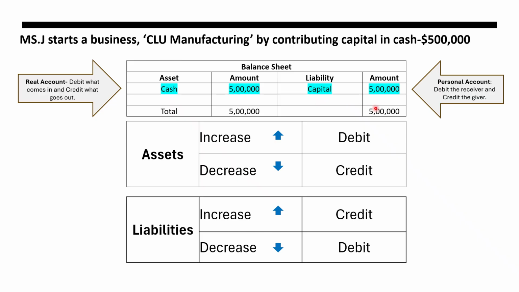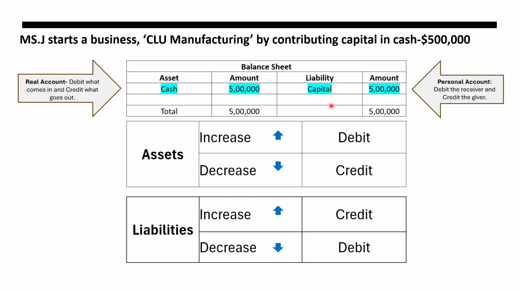So there is a new liability of 5 lakhs. So it's an increase on the liability side, so you will credit that account. And in case you want to decrease the liability, you will debit that account. In this case, this capital account pertains to J. So we call this a personal account.